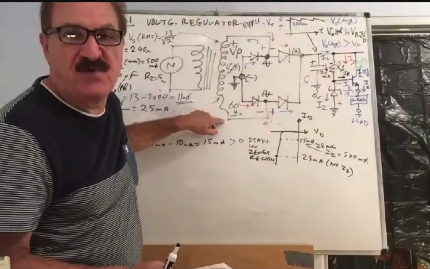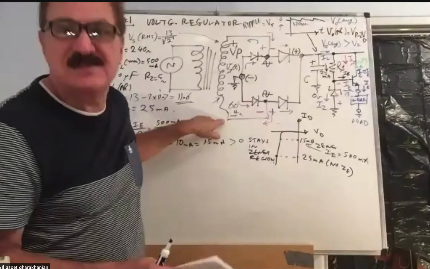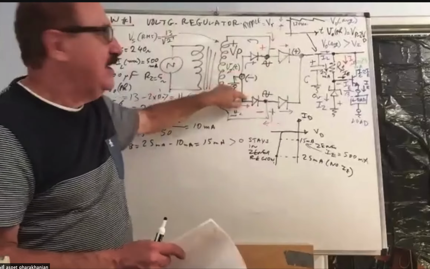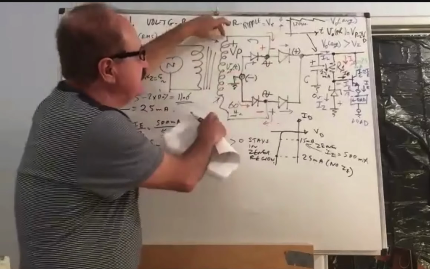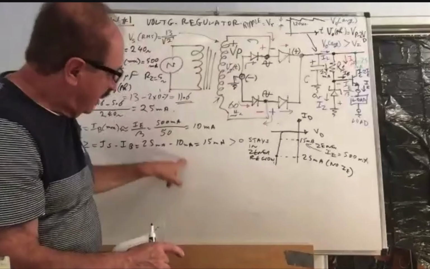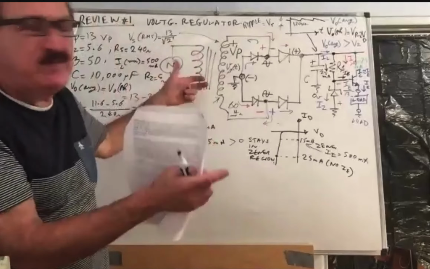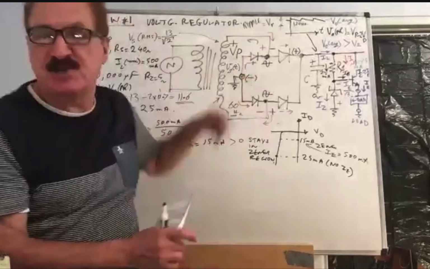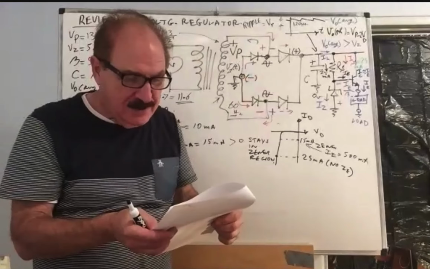Kirchhoff voltage law. Oh, that's why you did 2 times 0.7. Exactly. One for this one, the second one for that one. And that was for the positive cycle. For the negative cycle, it's the same thing. It's the negative VP. This voltage, that voltage minus this voltage twice. You got it? Yeah. You're welcome.